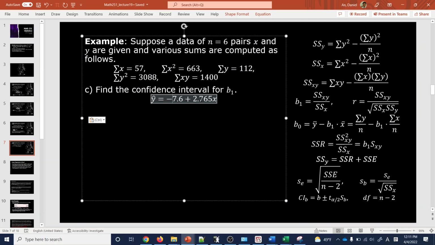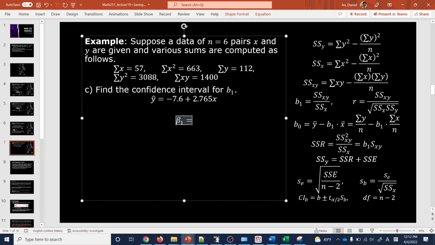So that means the true B1, and I think some textbooks would use beta 1, because we use Greek letters for the population value, right? And we use Roman letters for values obtained from the sample.